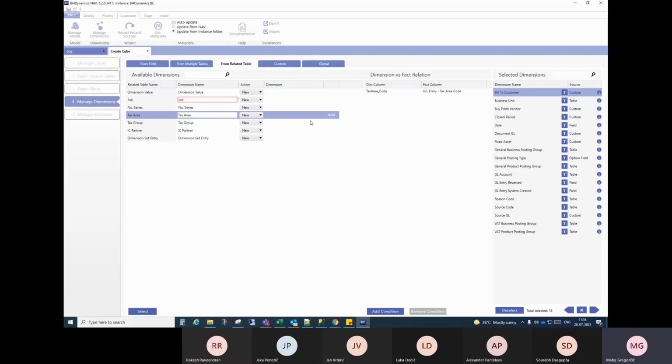Okay, so once we select all the dimensions, we need to select them carefully so we can get the condition right, the relation, right? So we need to select that relation carefully so we will have a one-to-one relation.